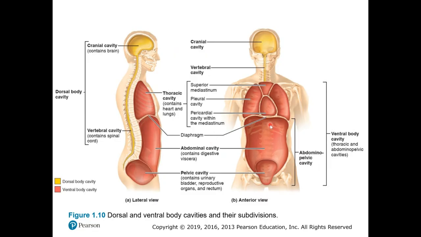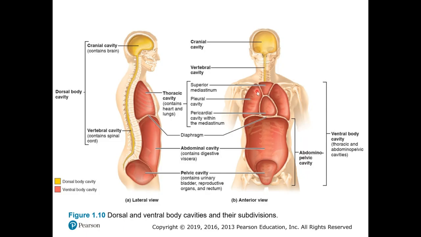We take a look, a frontal view. This would be a sagittal section. This would be a frontal or coronal section. We see the thorax and abdomen are separated by the diaphragm. We have the mediastinum, through which some of the important blood vessels roll through there, as well as the trachea and the esophagus.